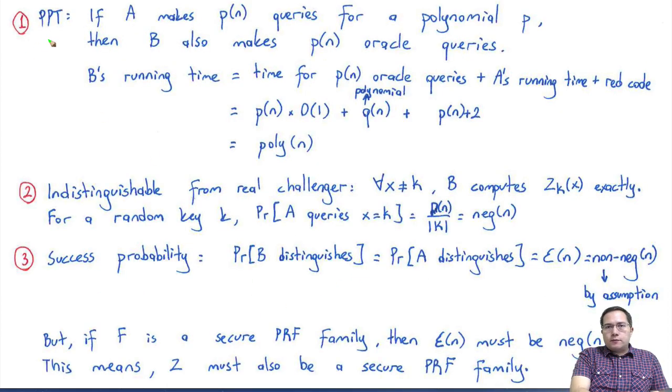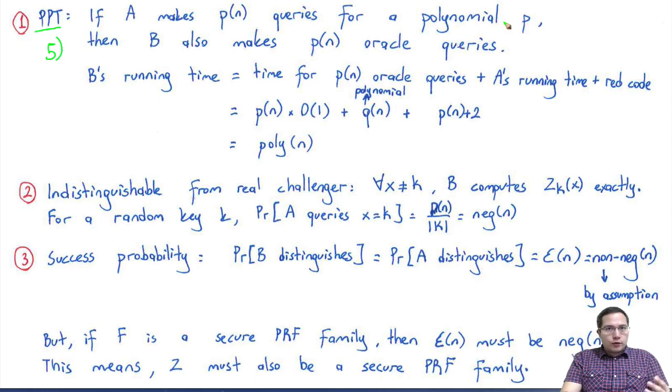Now we switch to the fifth item, showing that B is PPT. Let's say A makes P(n) queries to B for some polynomial function P. Then indeed, B also makes P(n) queries to its own challenger.